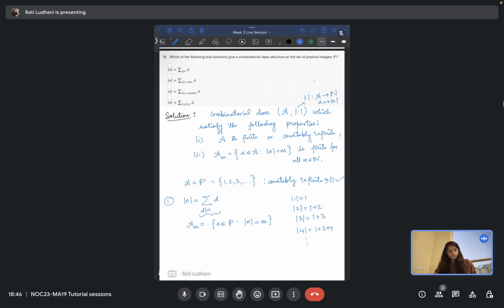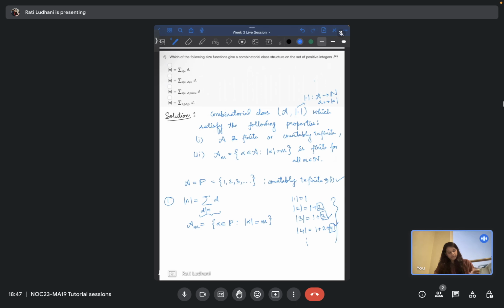This is the sum of all the divisors. Now you can see that this is an increasing thing, because the biggest number is always there. So when you go ahead, these numbers are anyway going to be there. So this is an increasing sequence.